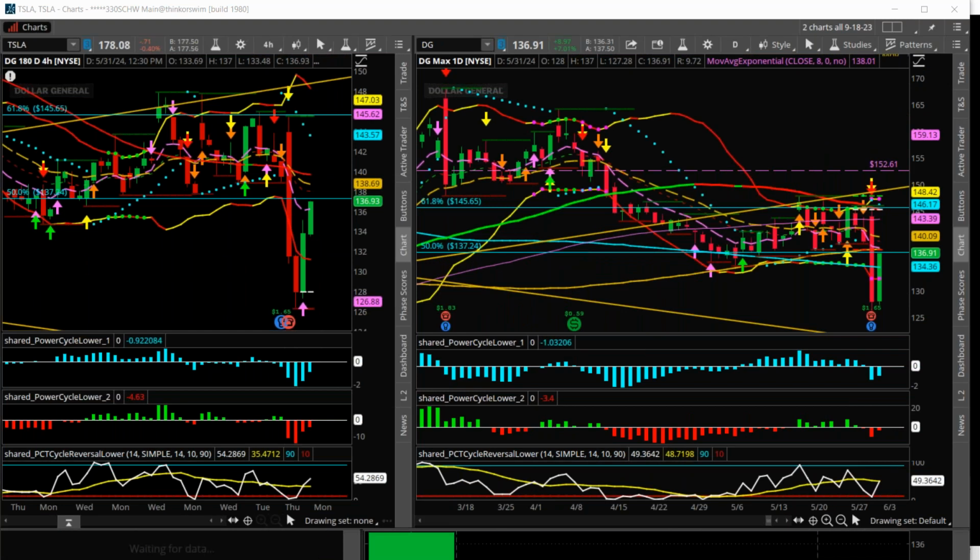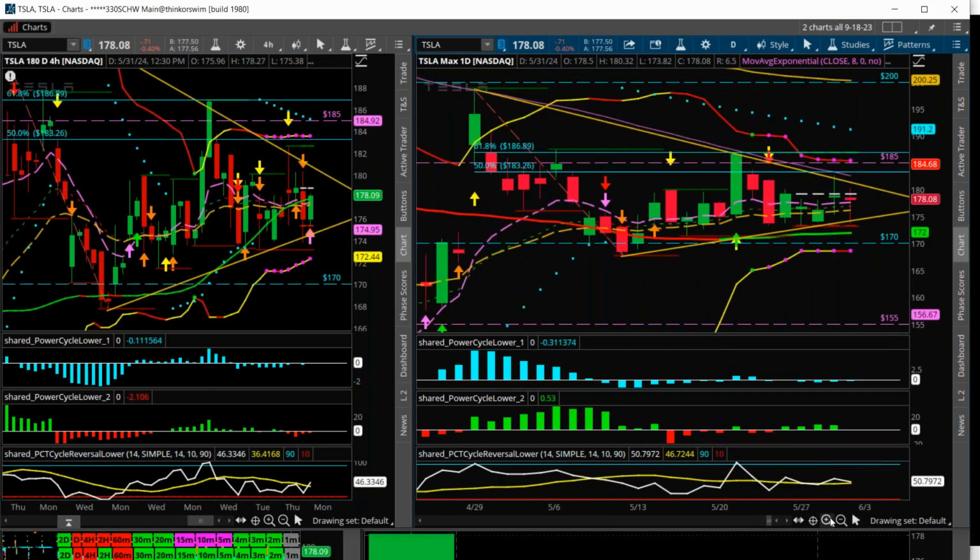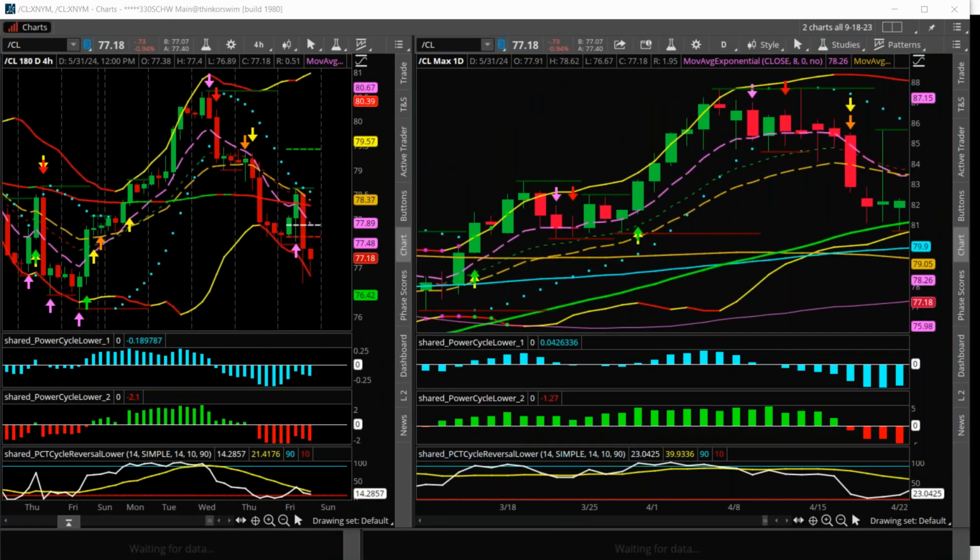Here's Tesla. Tesla's one we're watching. This one is in a nice squeeze. See this pennant formation? Nice squeeze on Tesla. This is on our watch list.